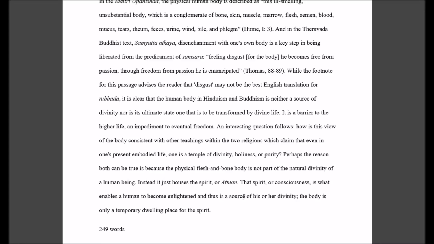That spirit or consciousness is what enables a human to become enlightened and thus is a source of his or her divinity. The body is only a temporary dwelling place for the spirit.